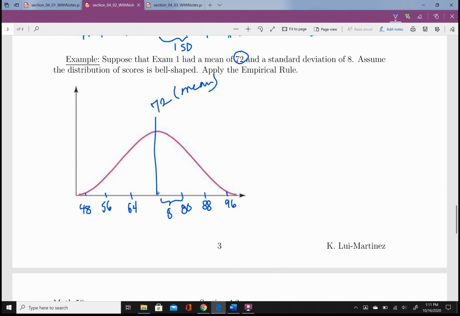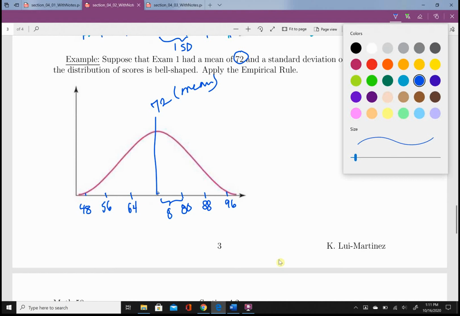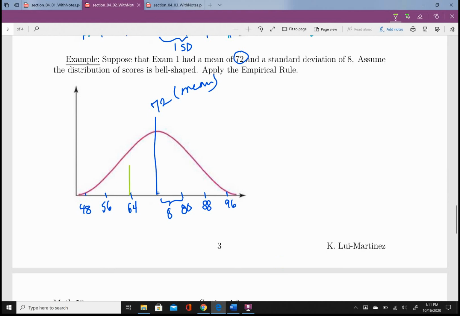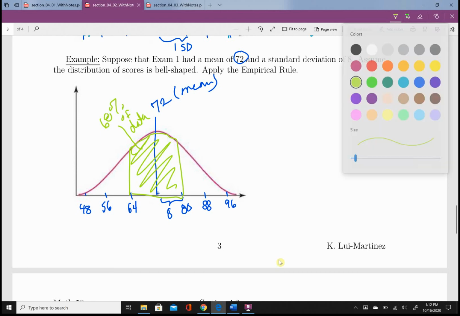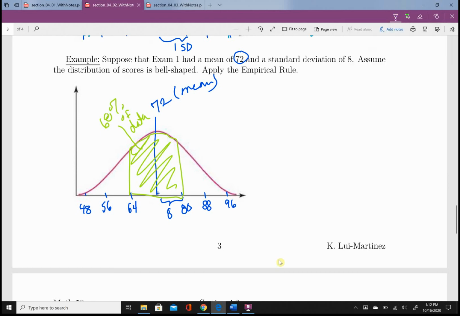So yeah, and then you can color code this where it's like, here's where 68% scored here with data. Let's pick another color, it's really distinct. From here to here, this is 95% of the data.